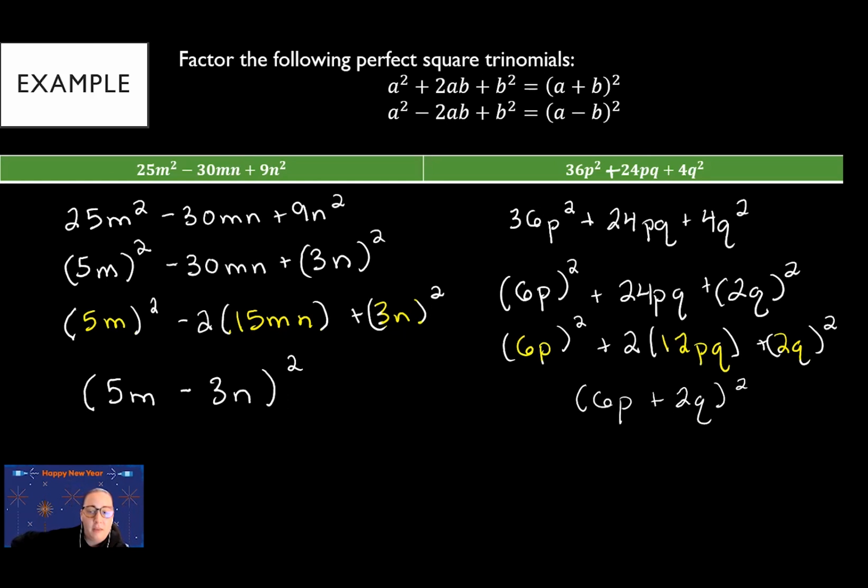Now, this one I have a little trick in here. Because while, yes, technically this is the correct factor, this is not what we call factored completely. So you have to pay attention to that, especially in like Connect Math, if you see the words factor completely. Because notice that 6 and 2 have a number in common, which is 2.